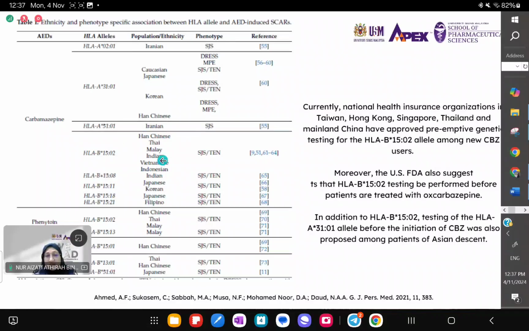Han Chinese, Thai, Malay, Indian, Vietnamese, Indonesian, we all have this marker. Any individual that has the 1502 marker is more likely to have this ADR if they are taking carbamazepine. HLA-A*3101 is mostly more relevant to Caucasian, Japanese, Korean. And for phenytoin as well, also 1502 in Southeast Asians and also 1513.